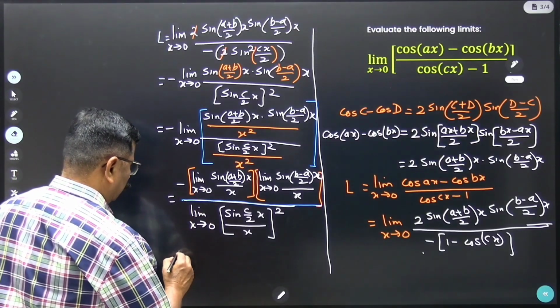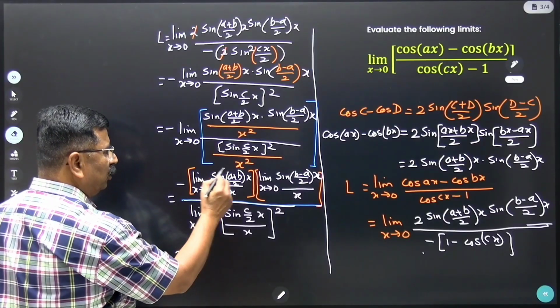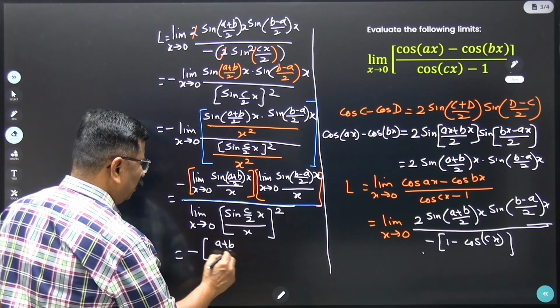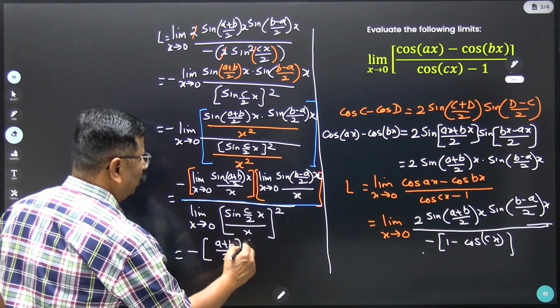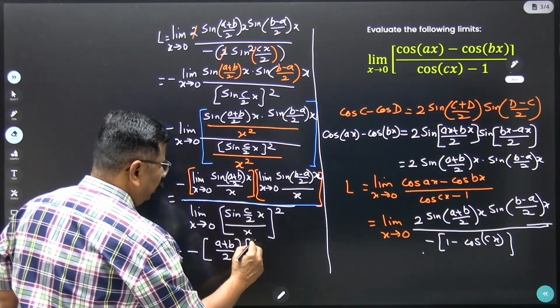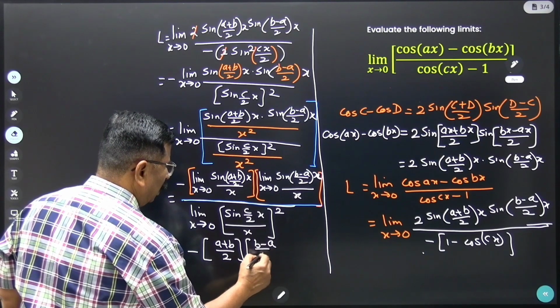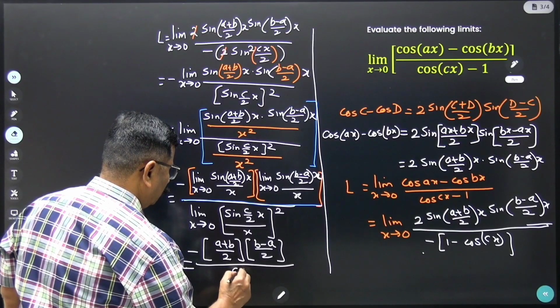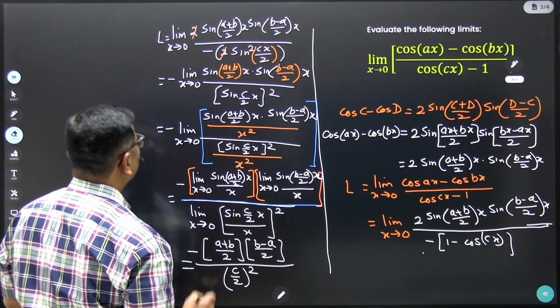Now minus, what is the value of this limit? It is (a plus b)/2 into the value of the other limit, (b minus a)/2, completely divided by (c/2) the whole square.